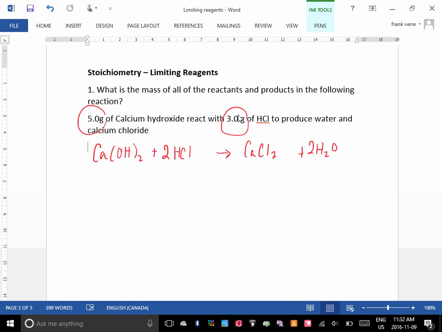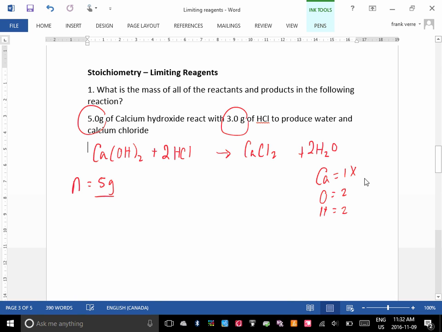So we have 5 grams of calcium hydroxide and 3 grams of hydrochloric acid. So let's figure out how many moles that represents. How many moles is 5 grams of calcium hydroxide? Remember, number of moles is mass over molar mass. Now, on the side, calcium hydroxide would be 1 calcium atom, 2 oxygen and 2 hydrogen.